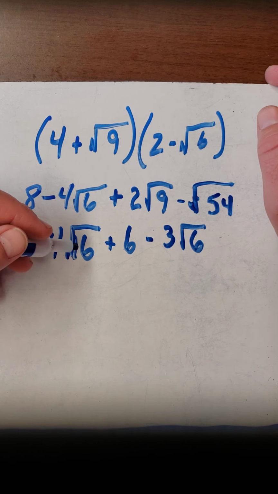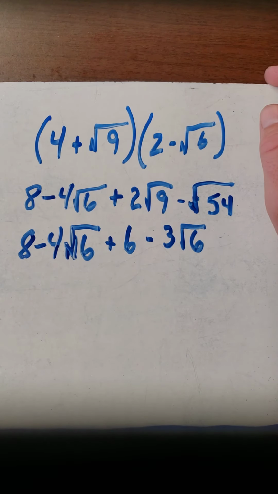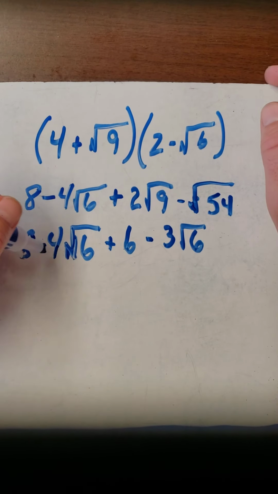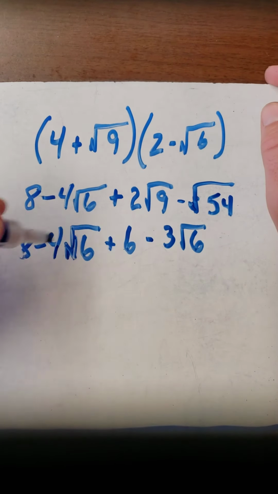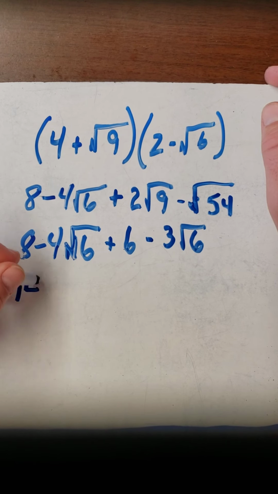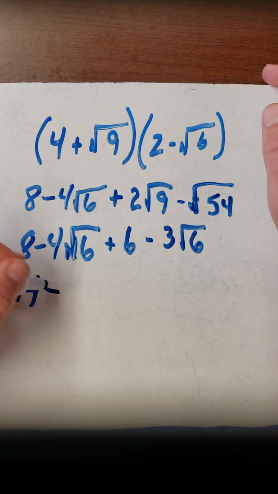Okay, we go 8 plus 6, because we had the 4 in front of here and the 3 in front of here. So 8 plus 6 is 14. Okay.